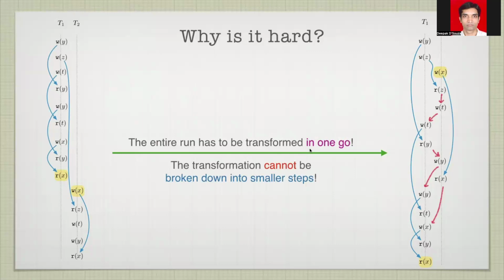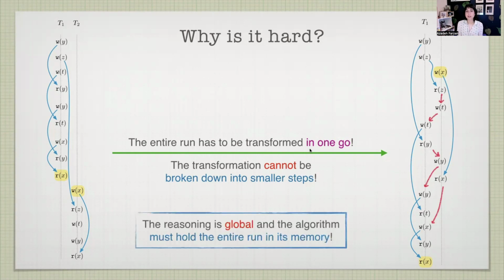It's not a super precise scientific statement, but it's a good intuitive statement that this is hard because you cannot break this transformation down into smaller steps. The transformation is done in one go from left to right, and it requires you to remember everything. It's global reasoning, and as such, you need this linear space lower bound.